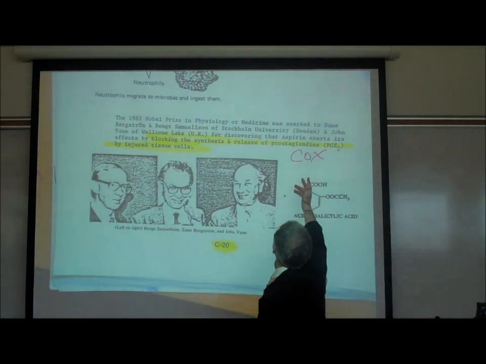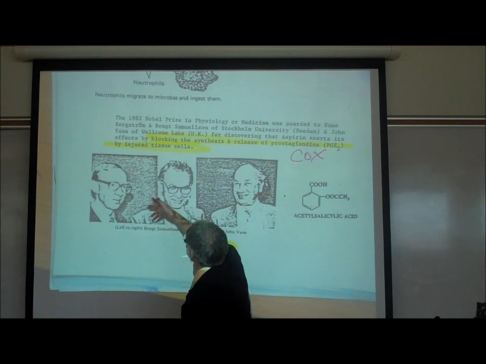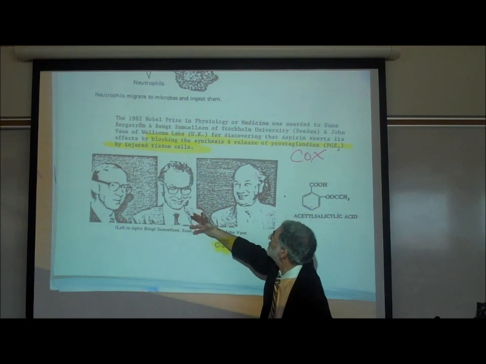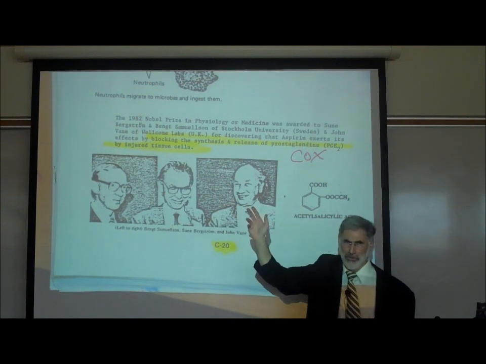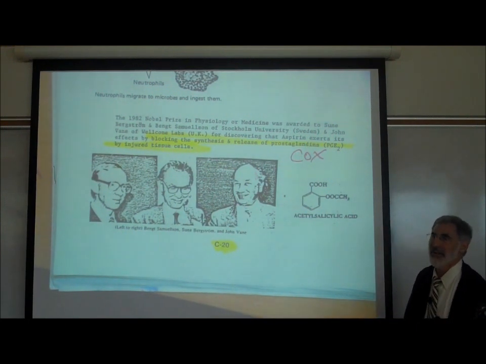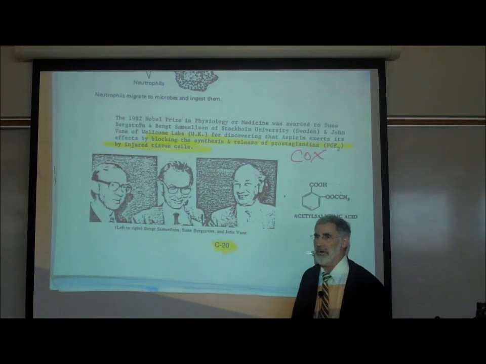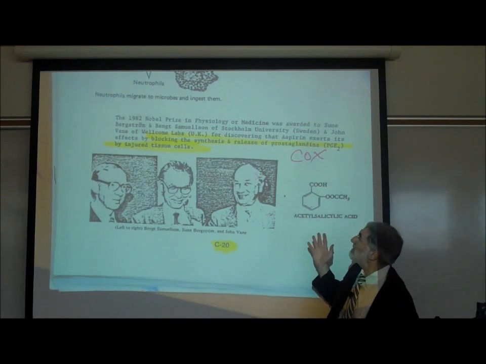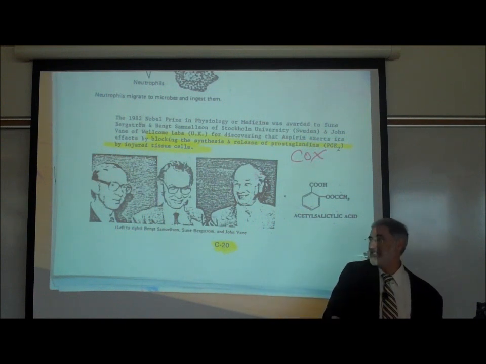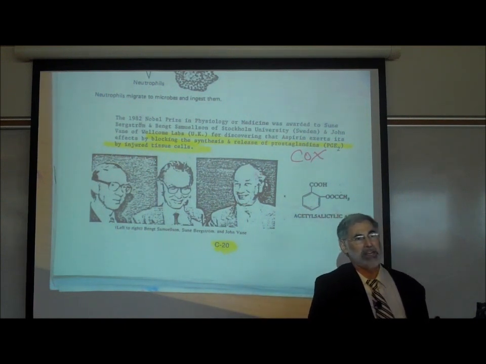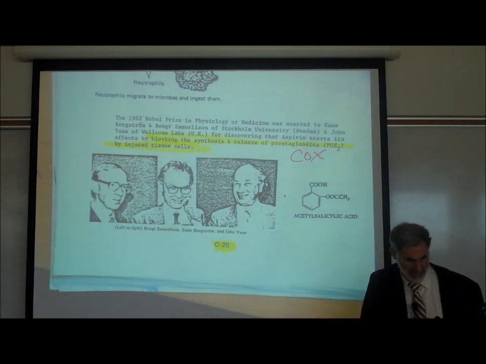That was Sune Bergström and Bengt Samuelsson of Stockholm University, Sweden, and John Vane of Wellcome Labs, United Kingdom. These are the 3 guys who shared the Nobel Prize for this. And they found out that the way aspirin works is it blocks the synthesis and release of prostaglandins by injured cells. That's how it works.